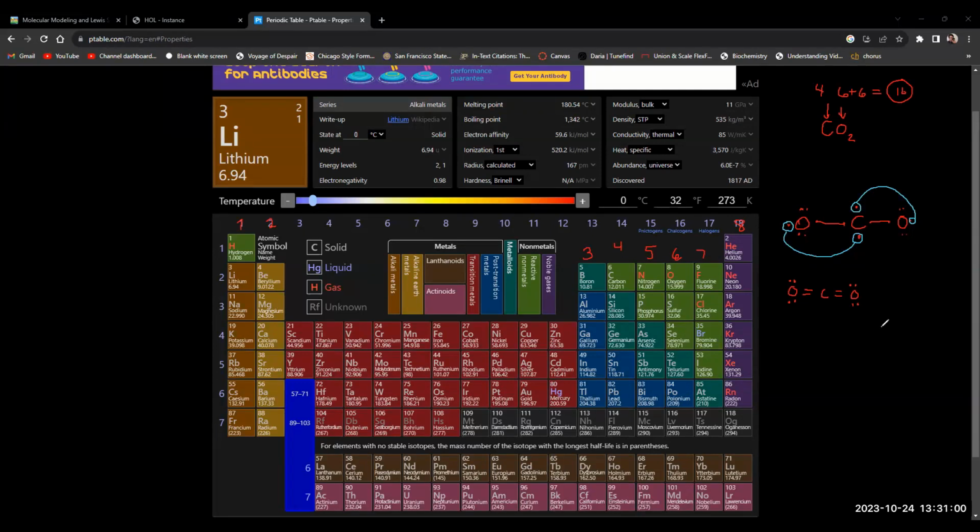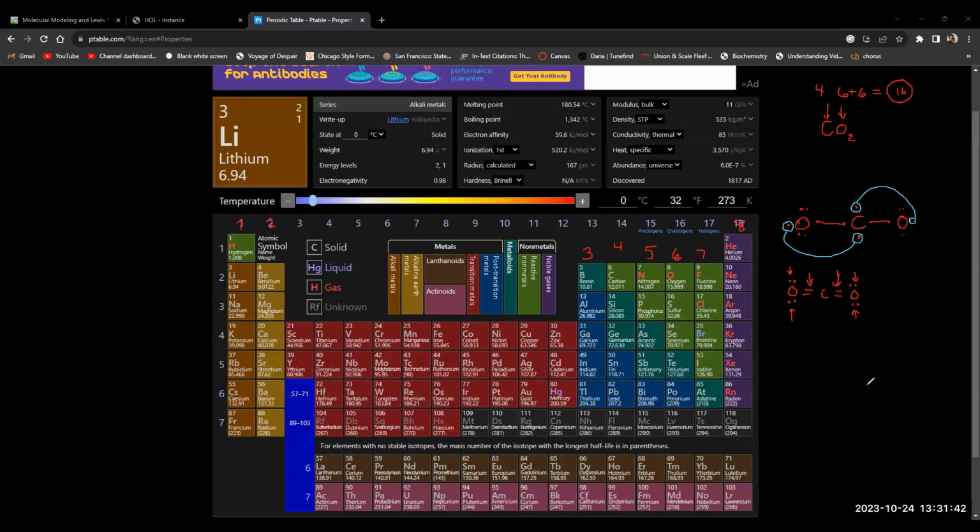So when we count, let's see what it adds up to. So double bonds count as 4 electrons. So these are 4. So 4, 8. Around this carbon, its octet is full, it's satisfied. So 4, 6, 8. Around that oxygen, its octet is full, and it's the same thing on the other side. 4, 6, 8.